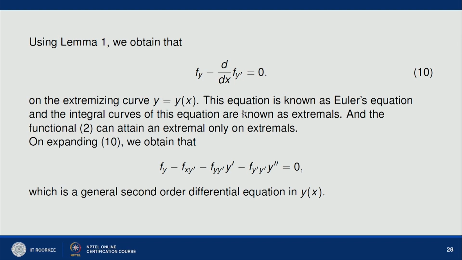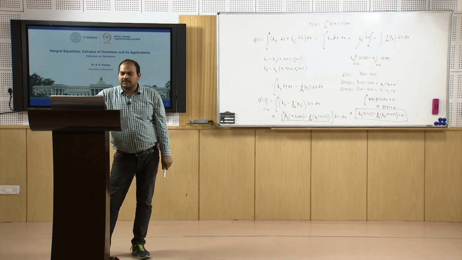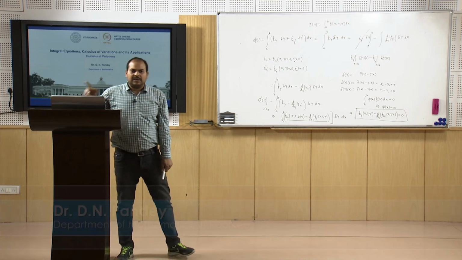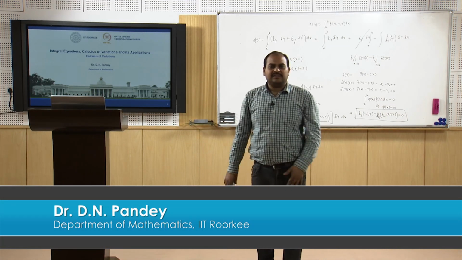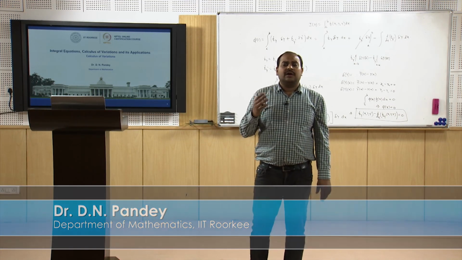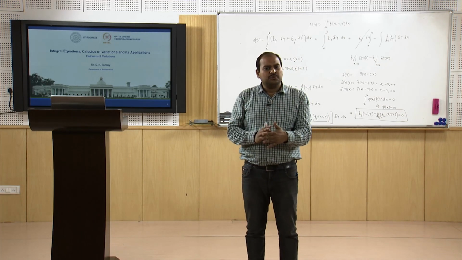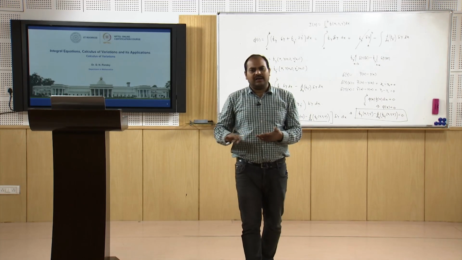So here if y is an extremizing curve, then it must be a solution of this second order differential equation in y of x. So here we stop. This is the necessary condition for an extremizing curve: if it is an extremizing curve, it has to satisfy this Euler equation.